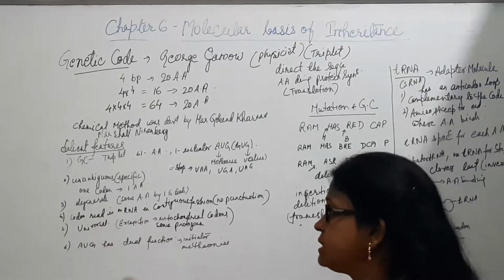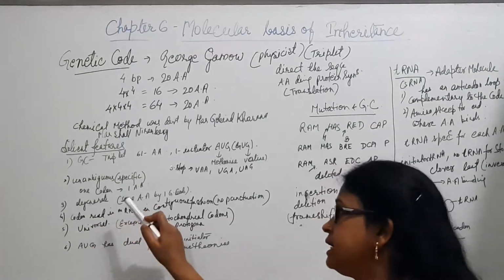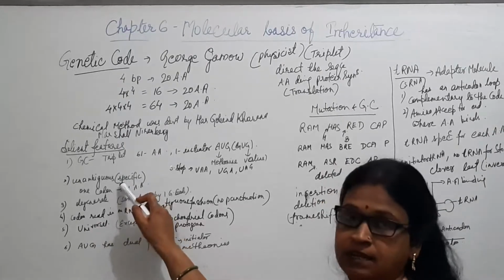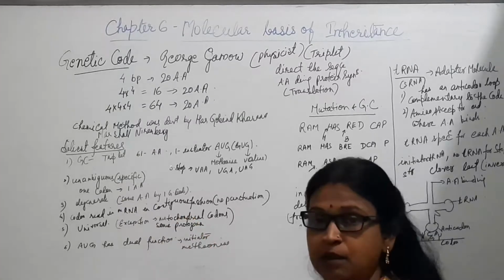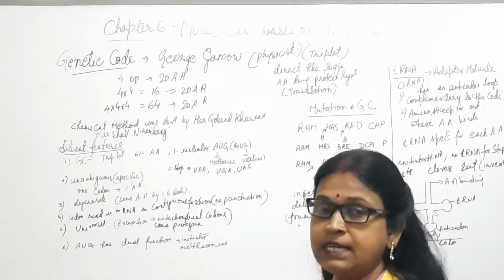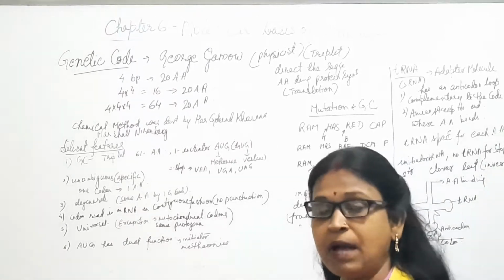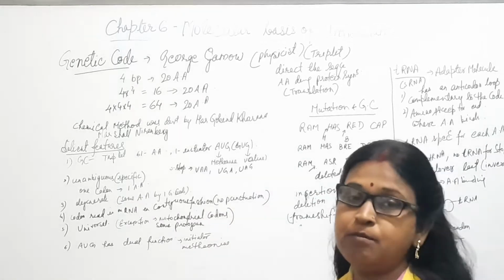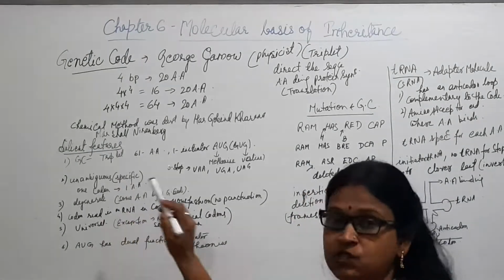Now the third point is the genetic code is degenerate. Degenerate means just the opposite of unambiguous. A single codon will code for only a single amino acid, but that same amino acid can be coded by more than one codon, and that's why it is known as degenerate.